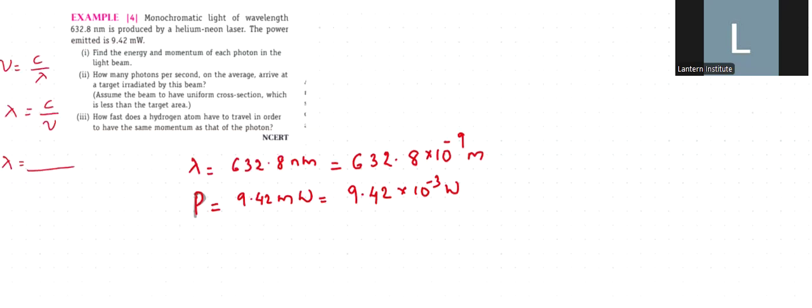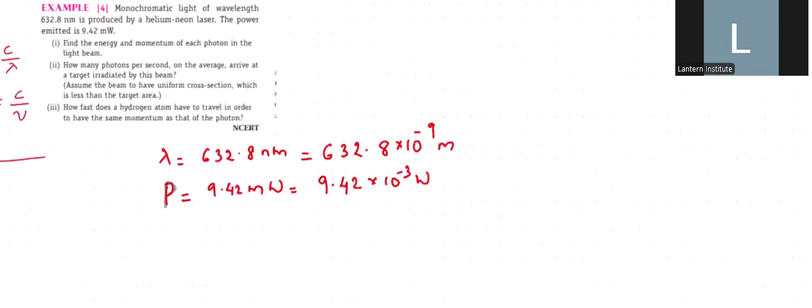We have only two values, lambda and the power. But if you know the value of lambda, you can calculate the energy. Energy is equal to h nu, that is hc by lambda. The h value is a constant called Planck's constant, 6.627 into 10 to the power minus 34 joule second.